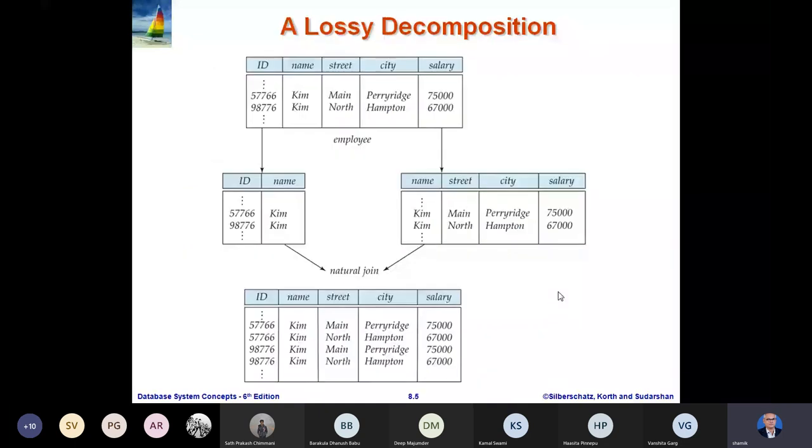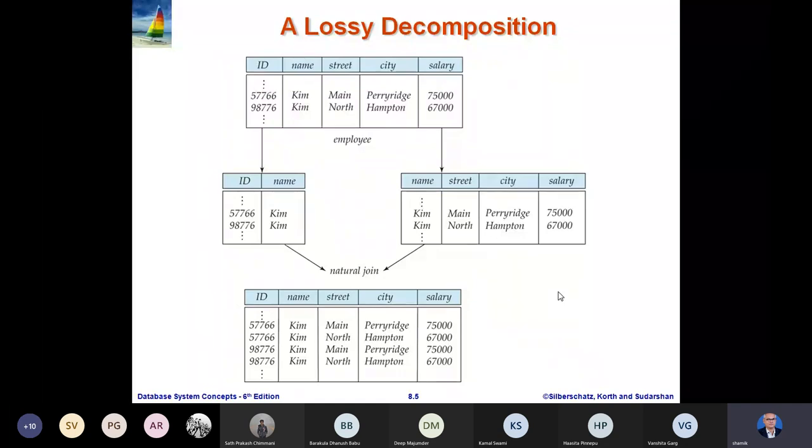Suppose we have this employee relation, where the point to note is that we have ID, name, street, city, salary. As such, there is nothing wrong. But suppose we wanted to decompose it into two smaller relations, one with ID and name, and the other with name, street, city, salary. Okay.